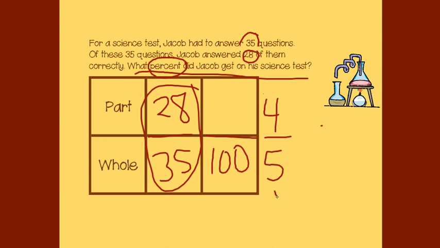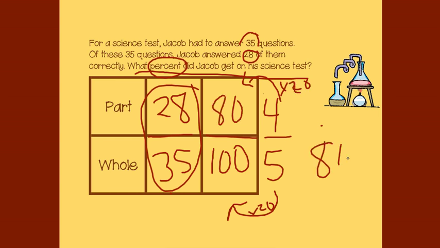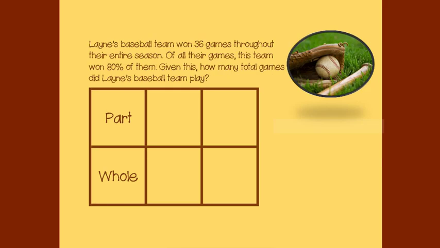Then I would know that 5 times 20 gives me 100, so I would know to multiply 4 times 20, and that would give me 80. So I would get the same answer either way, and the butterfly method would also get you to 80% as well. If you can't remember anything else, remember the butterfly method always works. Or if you're stuck and don't really know what to do, the butterfly method always works.